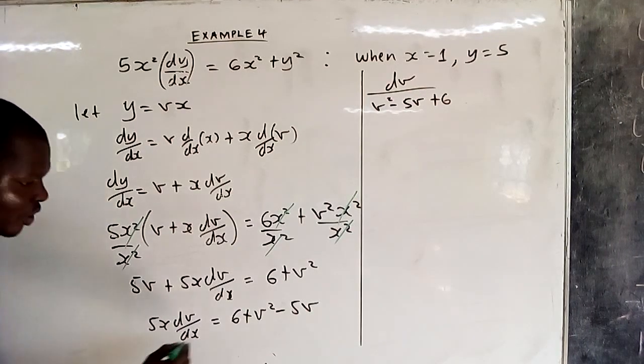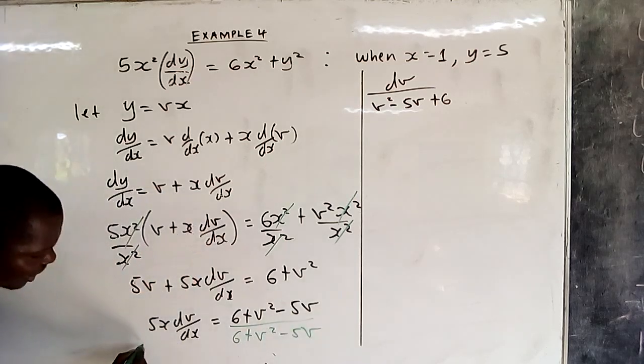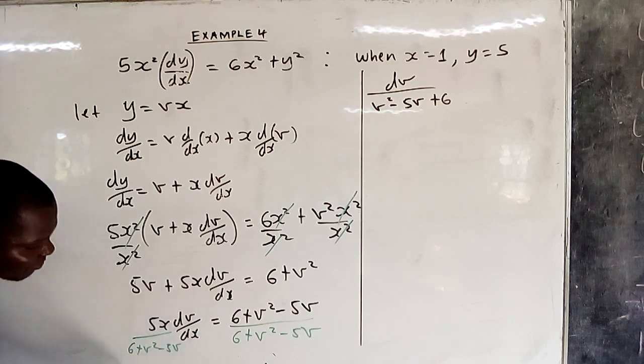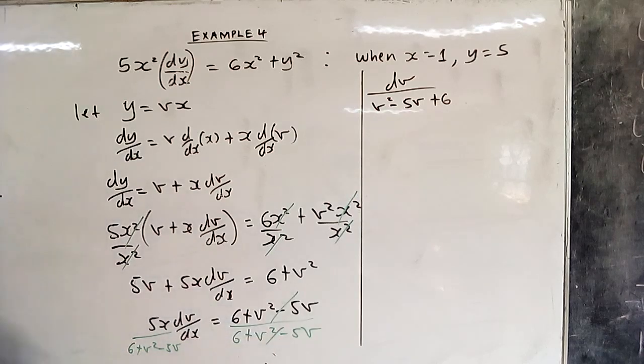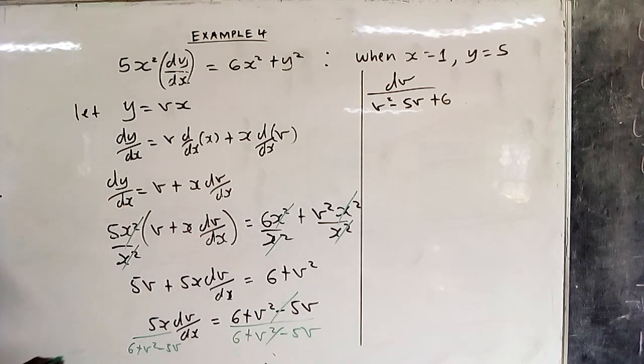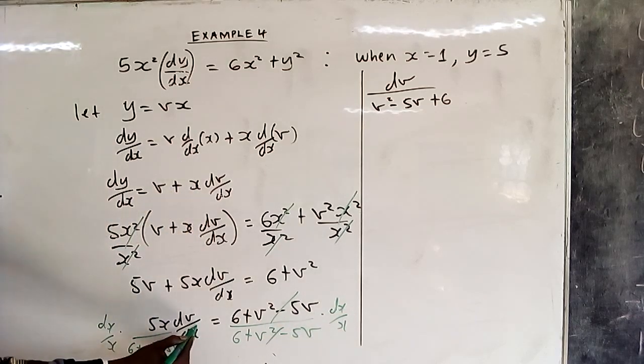You are dividing both sides by 6 plus v squared minus 5v. Then you multiply both sides by dx over x, so that dx goes with dx, x goes with x.